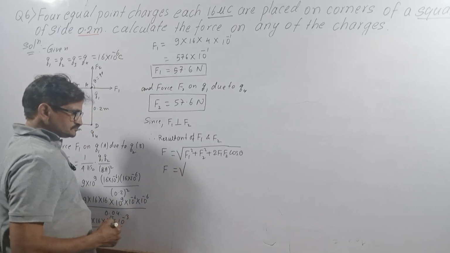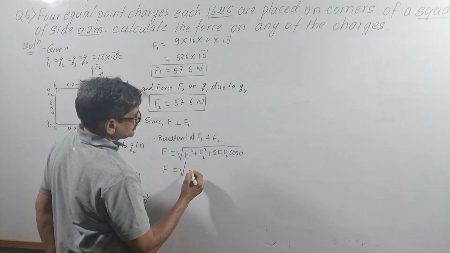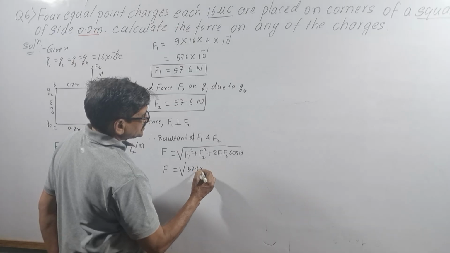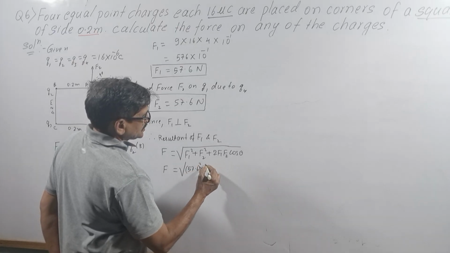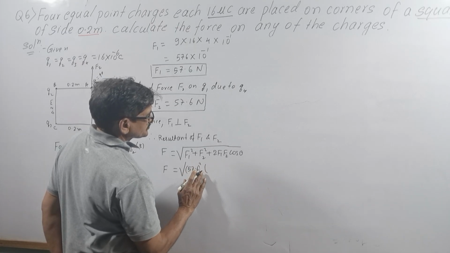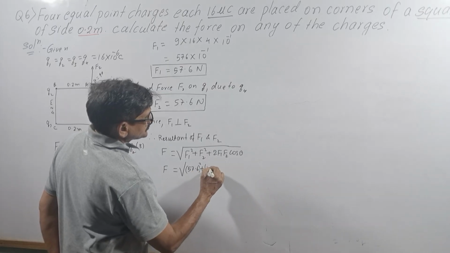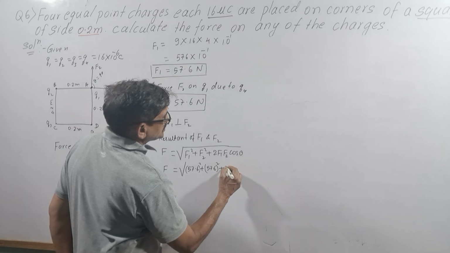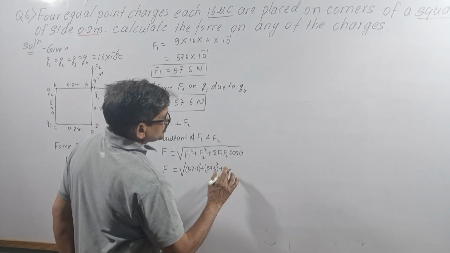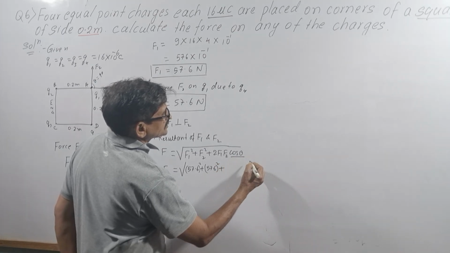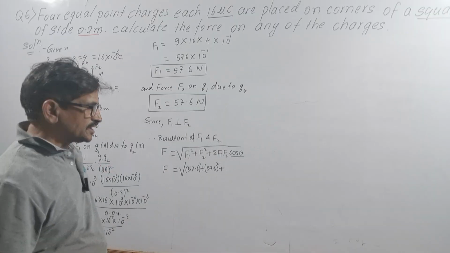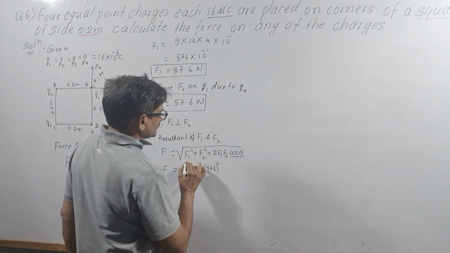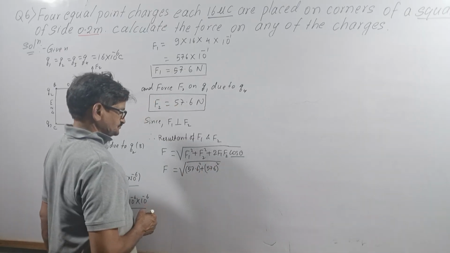F equal to, right here their values, that is 57.6 square plus 57.6 square plus, here if you take theta 90, this becomes 0, therefore no need to write it here.